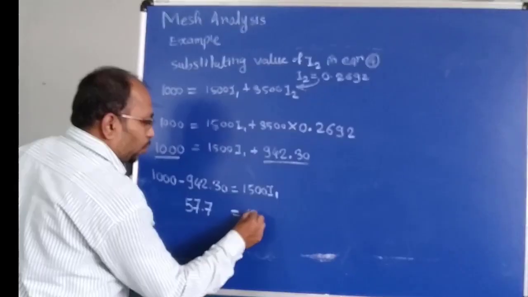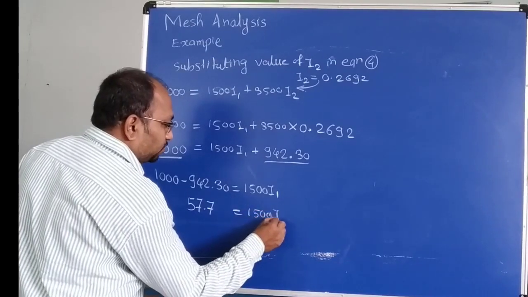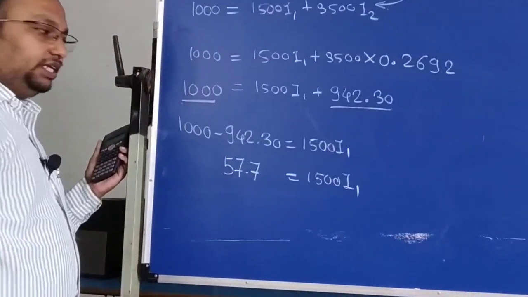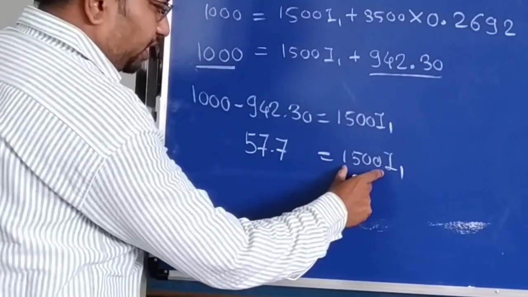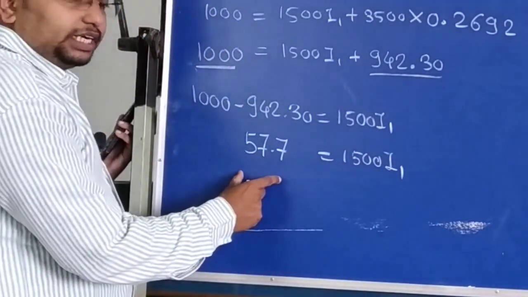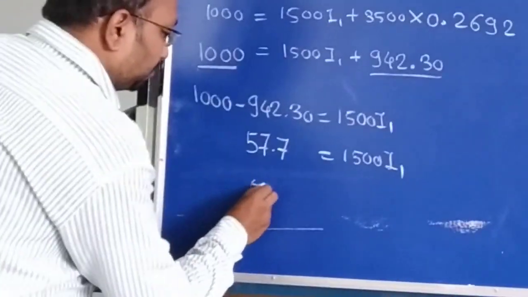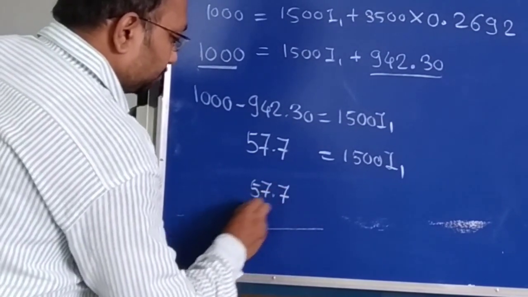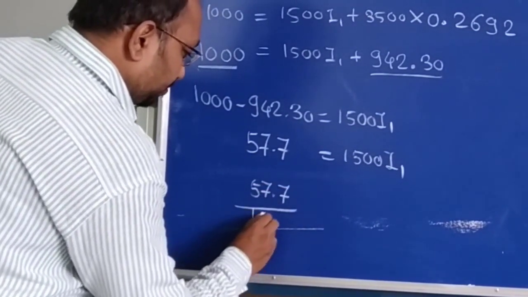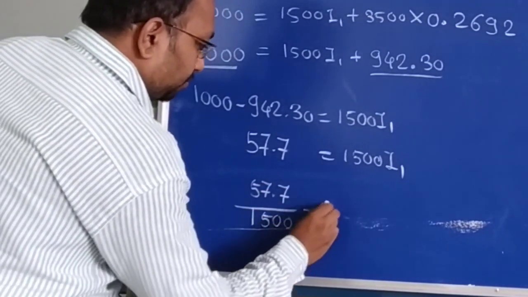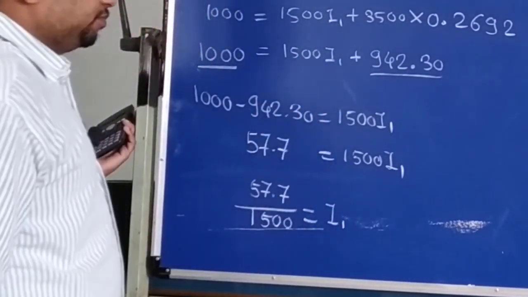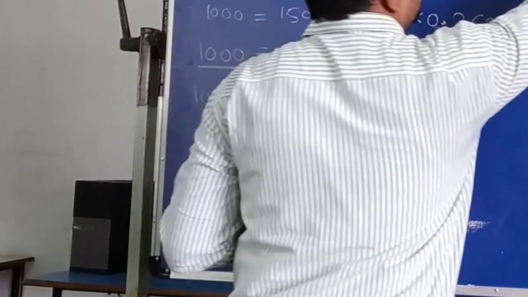57.7 is equals to 1500 I1. Is that fine? So now let us take this 1500 to the left hand side. So it will be divided to this term. Let us write it over here.